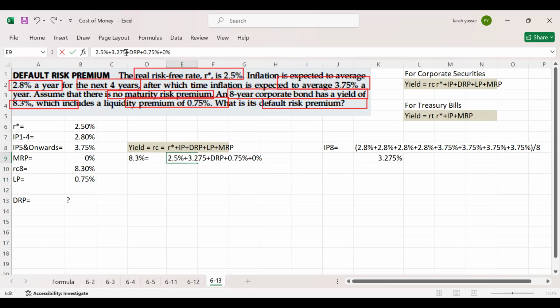And here it should be the percentage sign. So 8.3%, and we will take all these percentages to the other side of the equality sign. By deducting all these percentages, we will get the default risk premium.